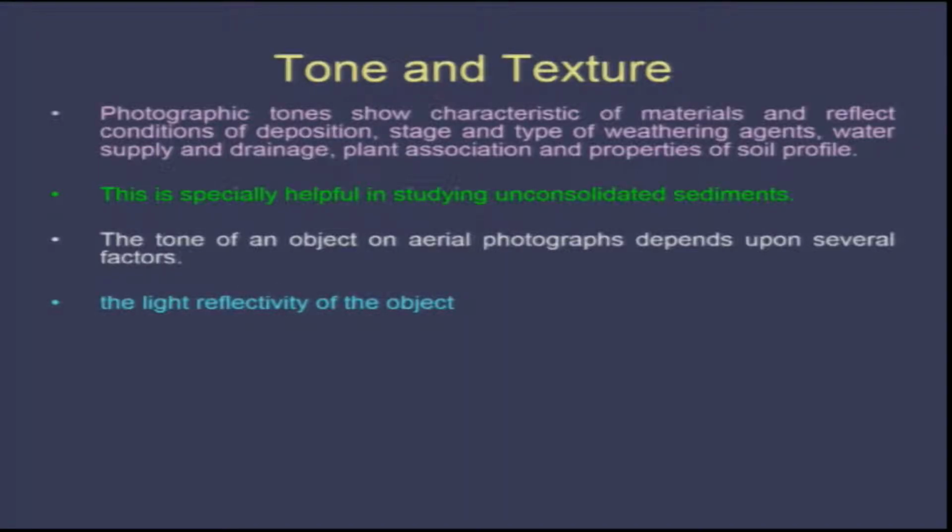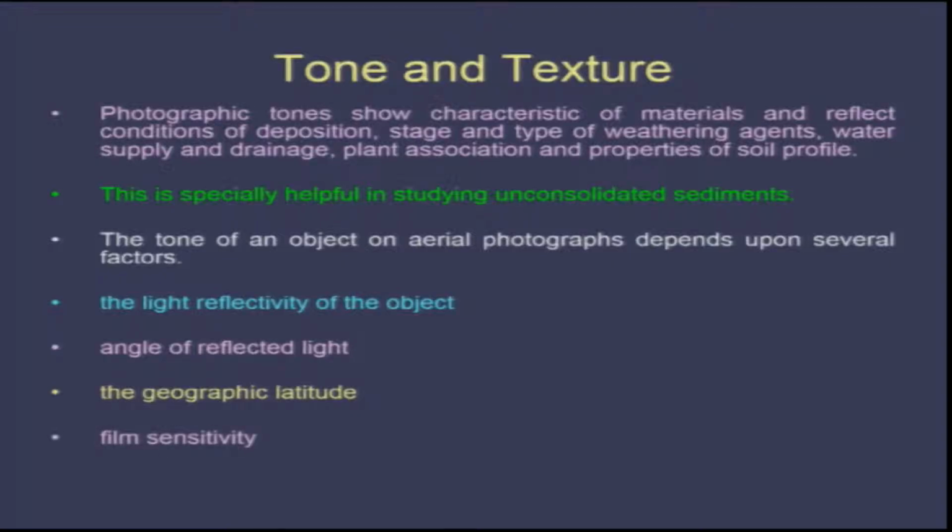One is the light reflectivity of the object or the surface. Second, the angle of reflected light which your data is going to collect, and then geographic latitude, film sensitivity, light transmission of filter, and finally the processing of film.